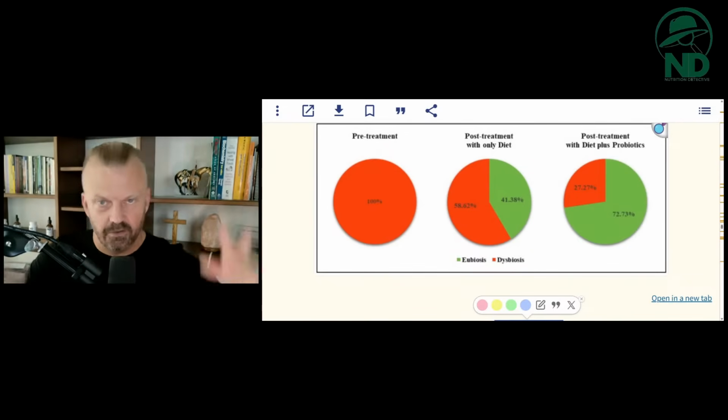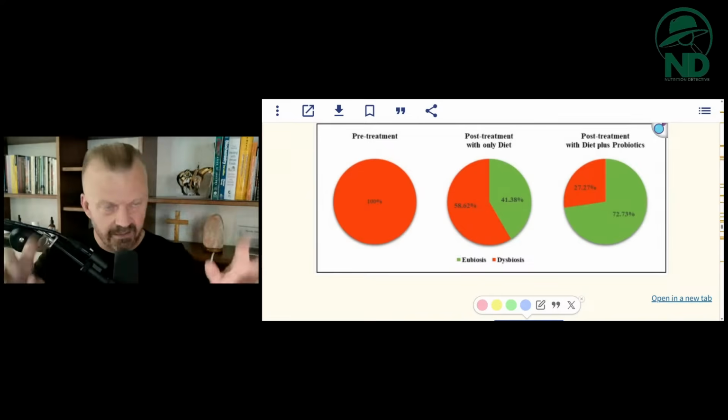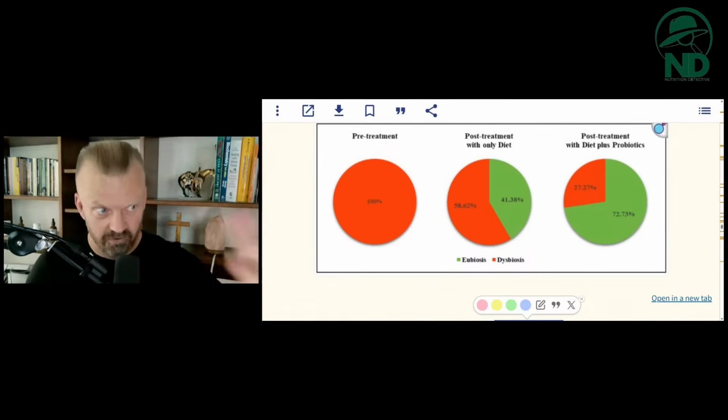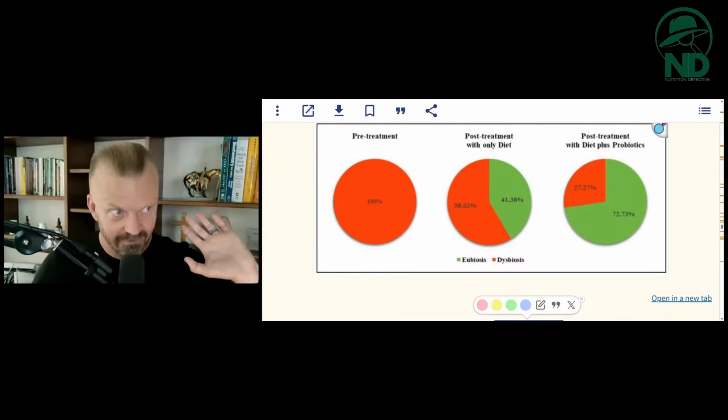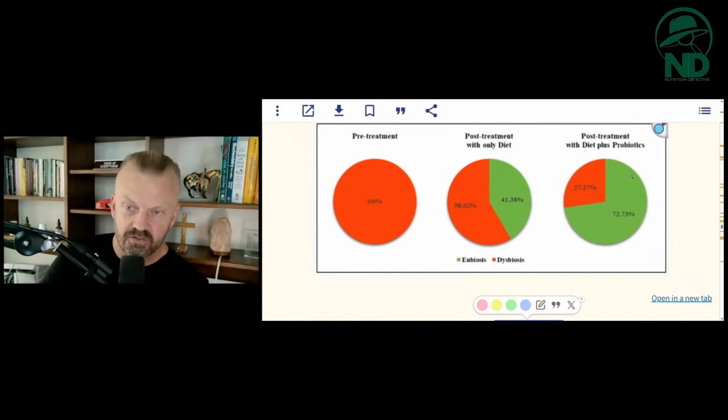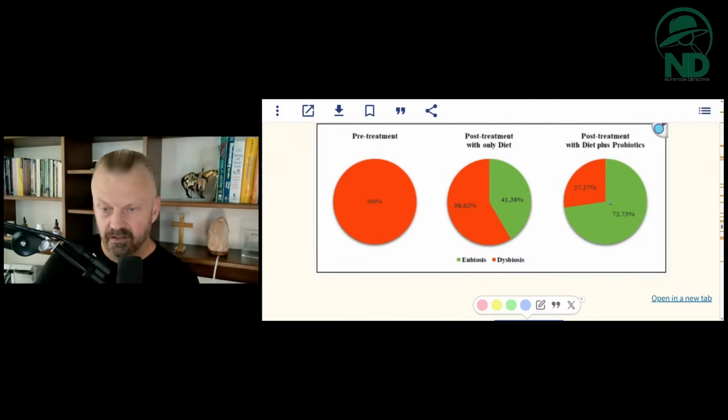So if you want to start working on your gut biome and your leaky gut, start with nickel. But be careful. Make sure you prep, which is in the other video. And then the post-treatment with diet plus probiotics, well, instead of just 41% of them improving, 72% of them improved to a eubiosis, a good gut biome state.